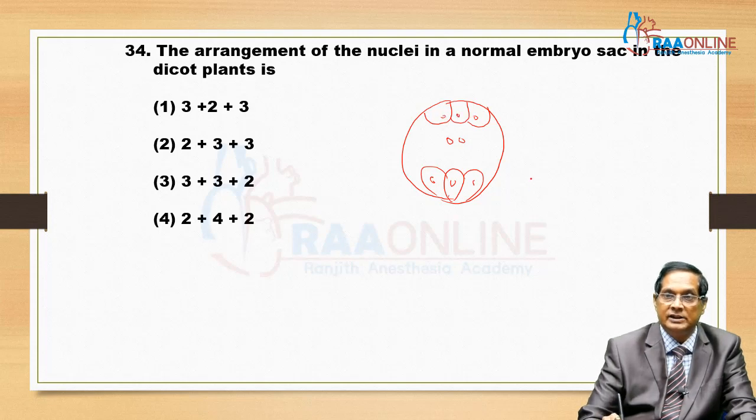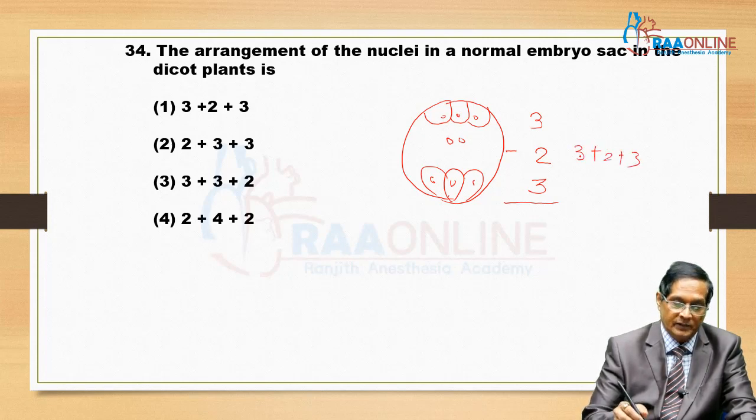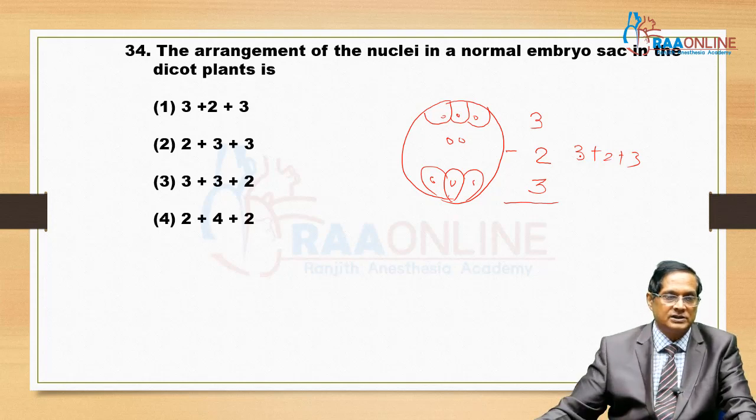Towards the micropylar end, 3 cells with 3 nuclei. This is the largest cell, with 2 nuclei in the center, and these are 3 antipodal cells with 3 nuclei. So this arrangement is termed 3 plus 2 plus 3. The first one is the correct answer.